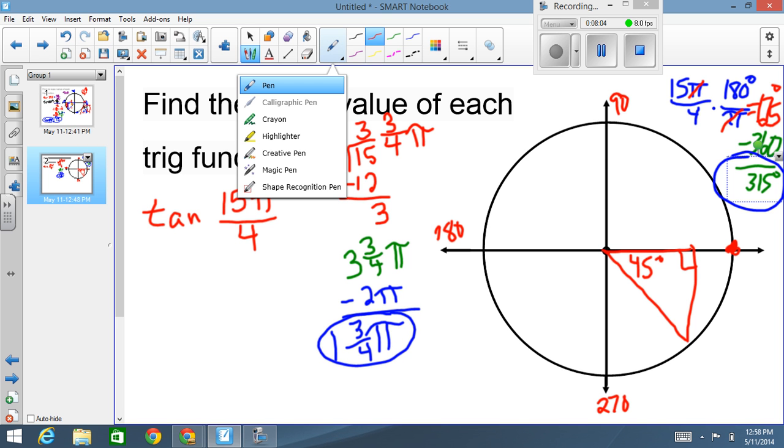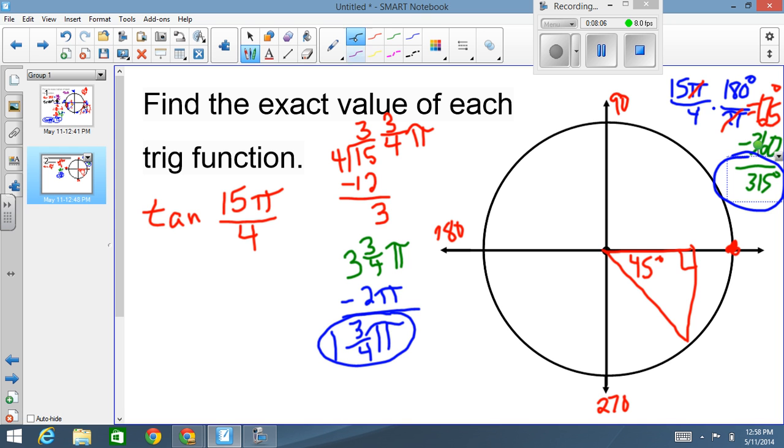If you think of this as radians, remember, this is 1 pi, so this would be 1/4, 2/4, 3/4 would be right there. So it's up to you which way you decide you want to graph that. But you can graph it and get the same thing in degrees or in radians.